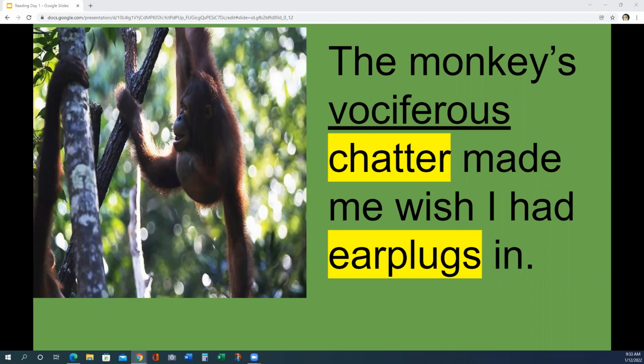So we can assume that vociferous means loud, noisy, annoying. So that's what's causing her to want earplugs in. That is an inference. They are inferring a situation that can help us figure out the definition of vociferous.